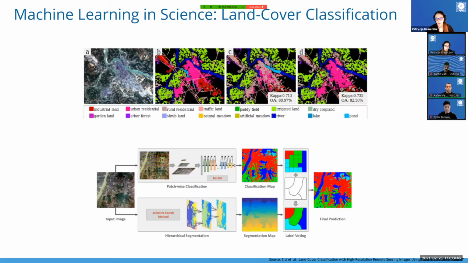And I'm going to talk about these steps based on an example of land cover classification. This comes from a recent publication on using high-resolution remote sensing images to do land classification with transfer learning.